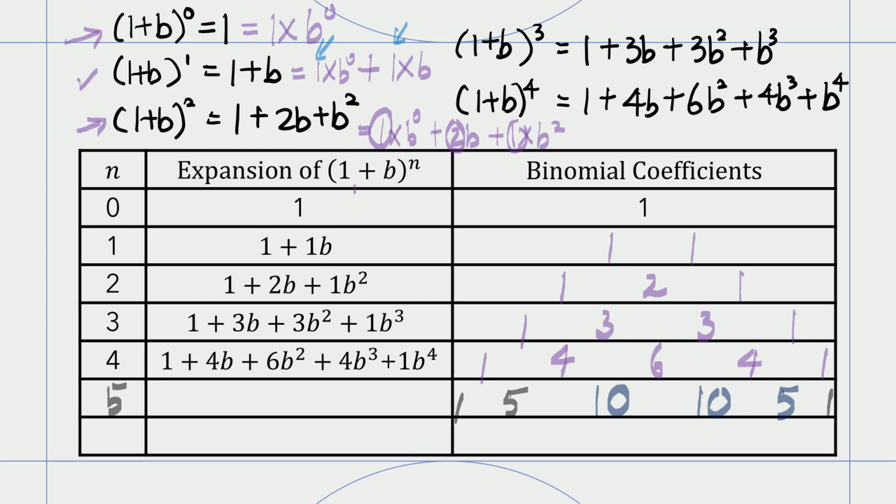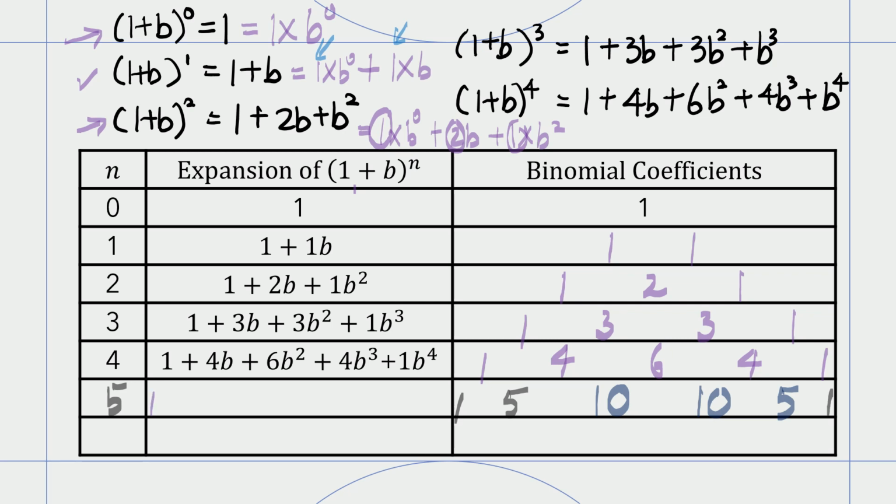All right, so how do I form the expansion with these binomial coefficients? Now we know what should be in front of your variable. So the expansion goes this way. It will start with 1 because it's 1 times b to the power of 0. It's not necessary to write b to the power of 0 because b to the power of 0 is 1.